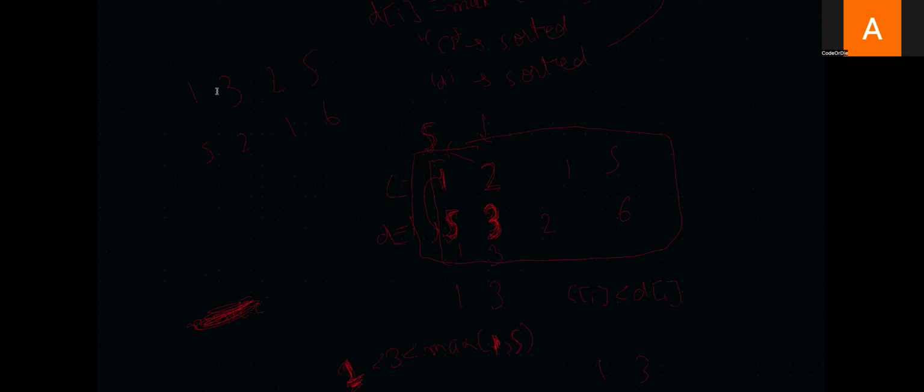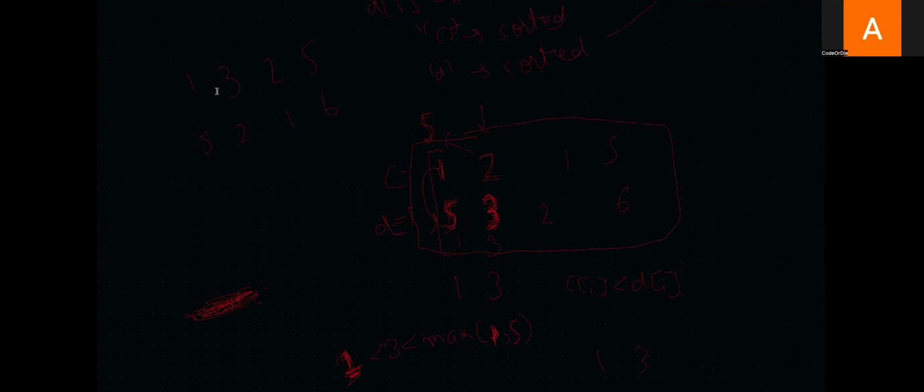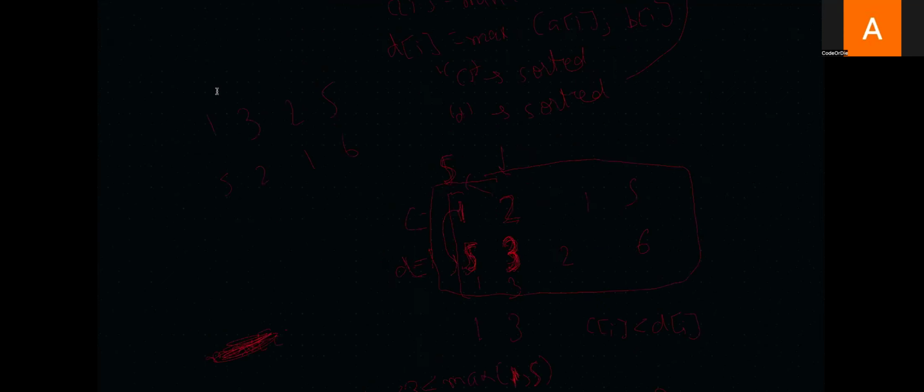That's my claim, and I was trying to explain it with my full potential. Because even if you bring the minimum one before this three, the maximum one will go there. Let me explain in a mathematical way.